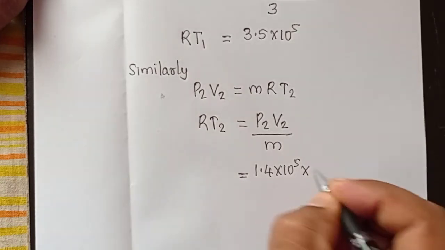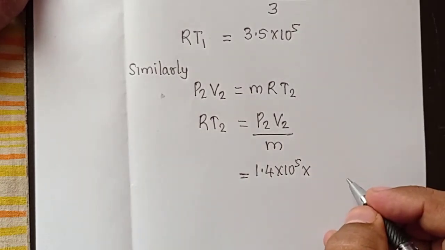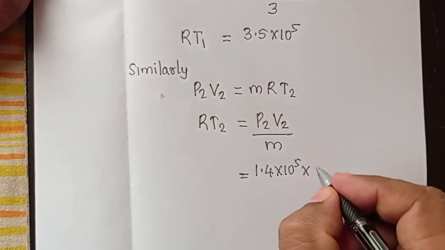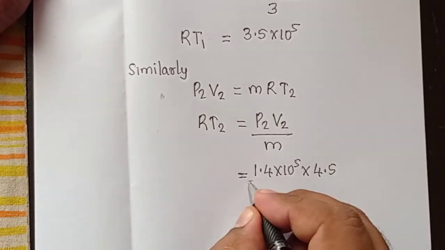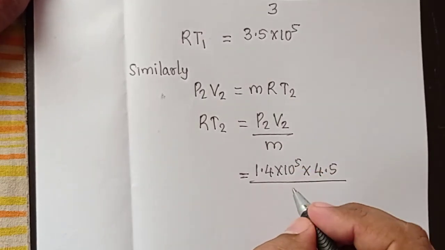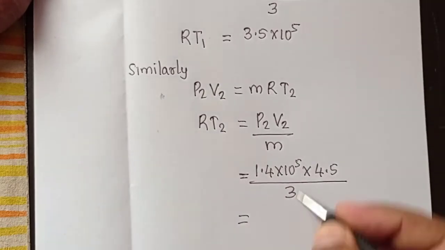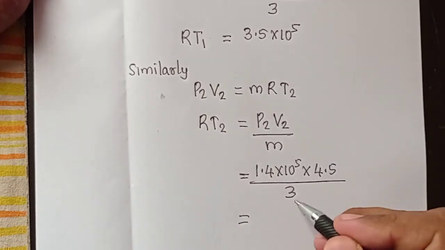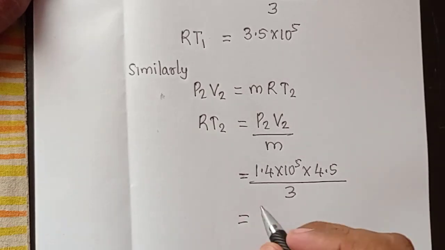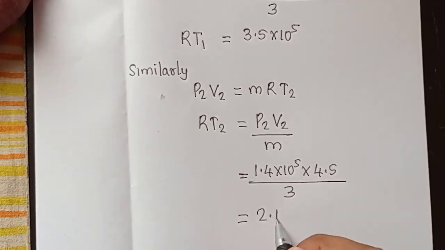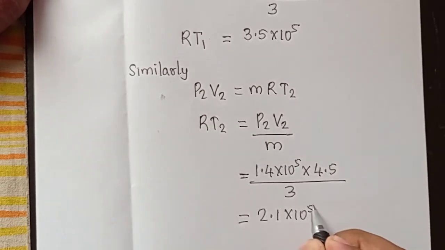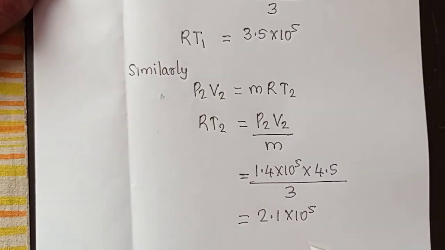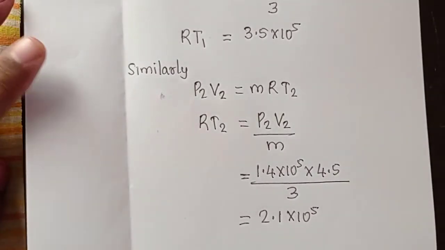Then the volume is given, that is 4.5 meter cube, divided by mass 3 kg. That is, volume divided by mass gives the specific volume. So you'll get the answer as 2.1 into 10 to the power 5.